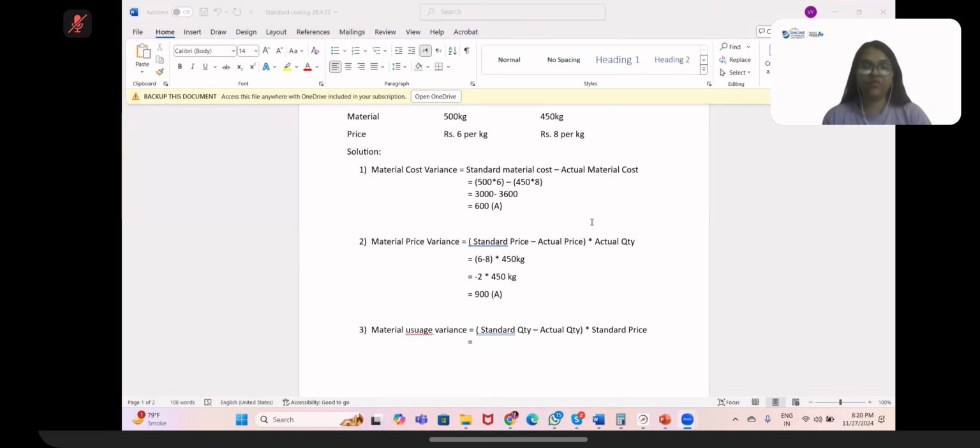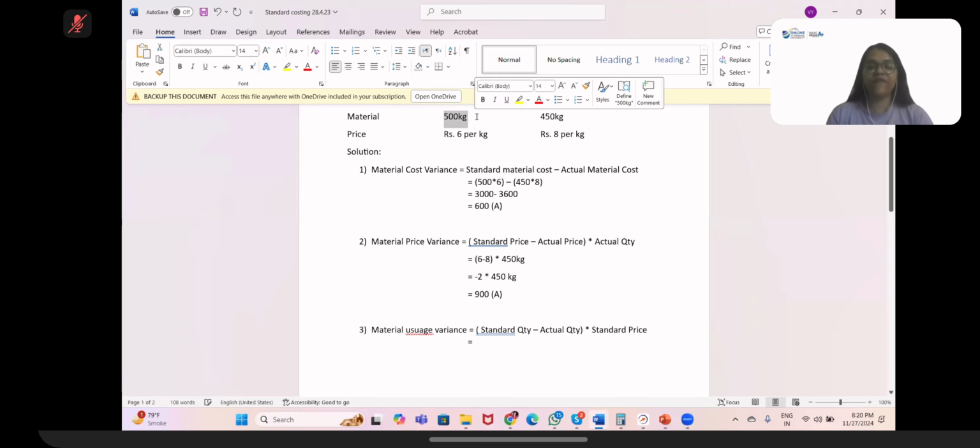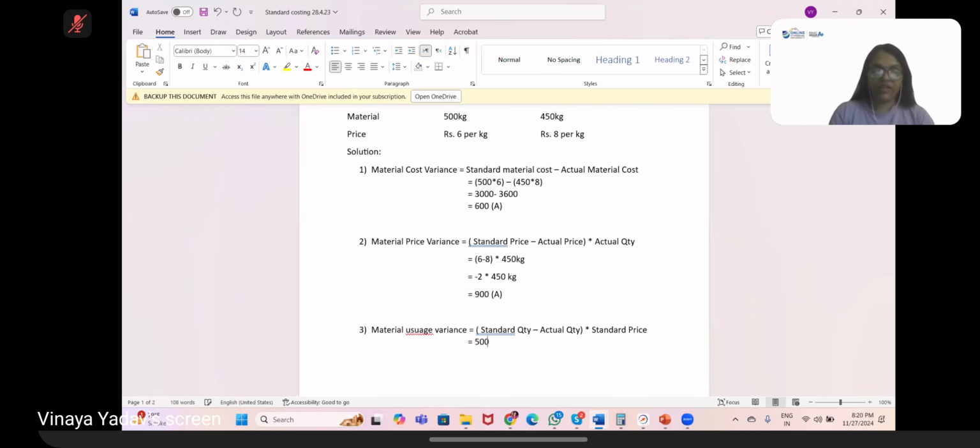Very good, very good, superb. Standard quantity is 500, actual is 450. Superb. So it is 500 minus 450 in the bracket and then multiply by standard price जो कि है आपका 6 rupees into 6.